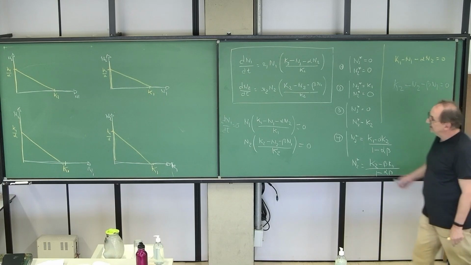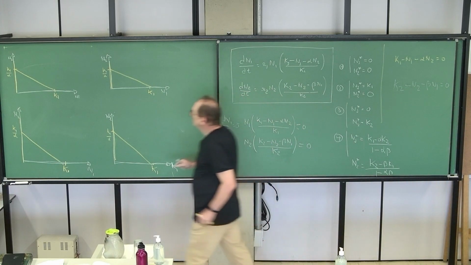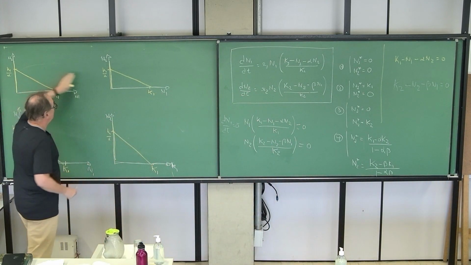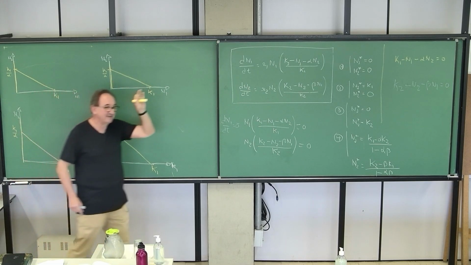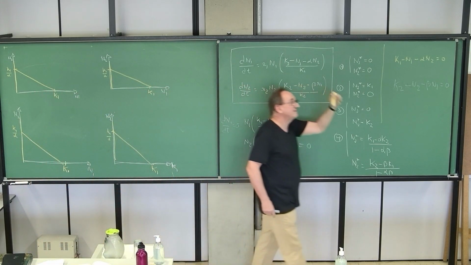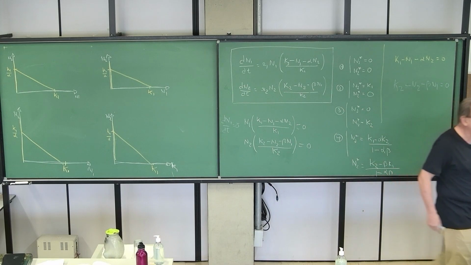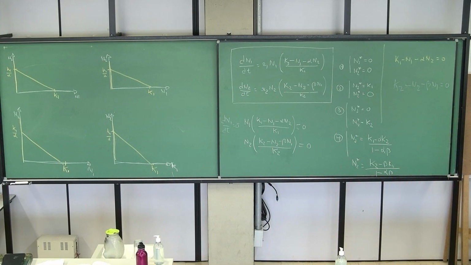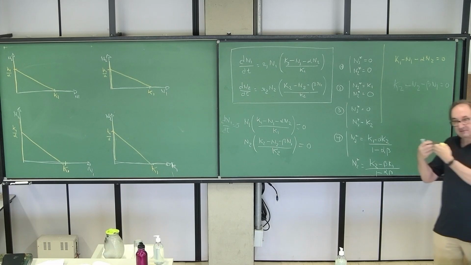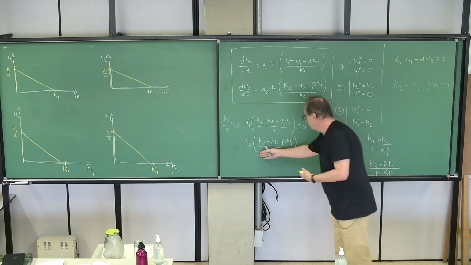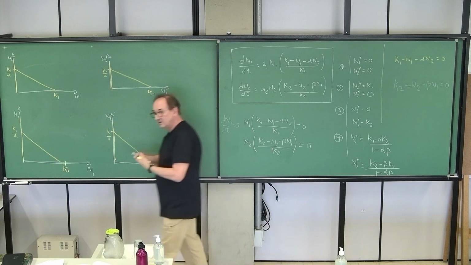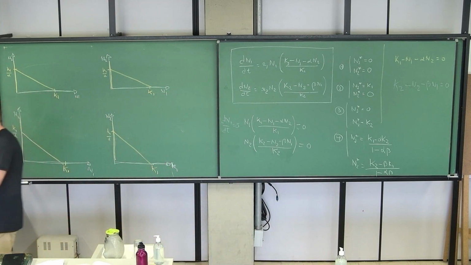Okay, so these are the points. The yellow points are points where the derivative dn1/dt is equal to 0. Now we want to draw also the points where the second equation for n2 has derivative equal to 0.